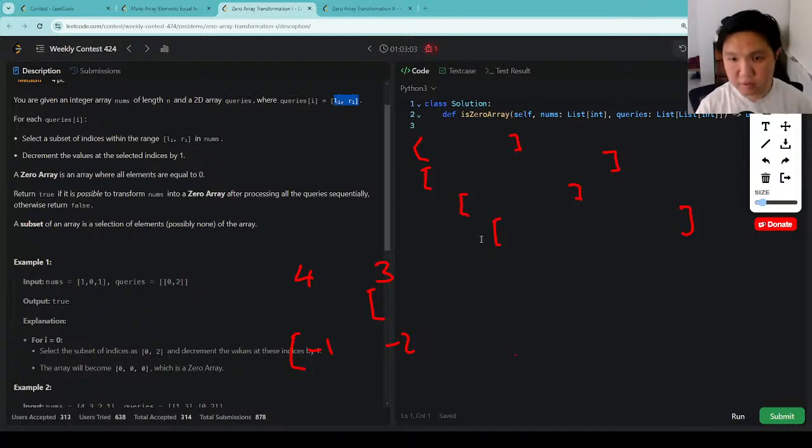If num's larger than cur, I think this should work. Interesting. Oh shit.